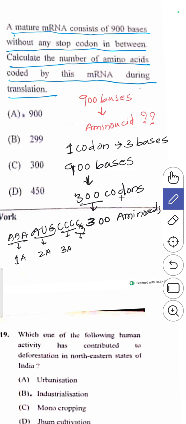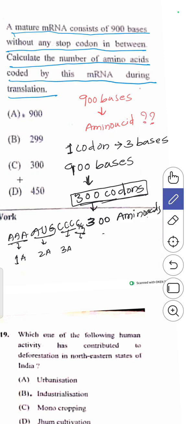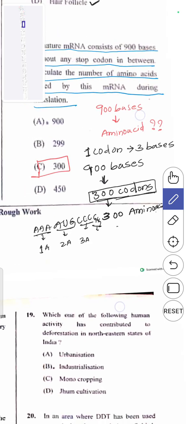Here there are 300 codons, and if 300 codons, then 300 amino acids. So the right answer for this one will be 300. So for the 15th question, C is the right answer. 300 is the right answer for this question.